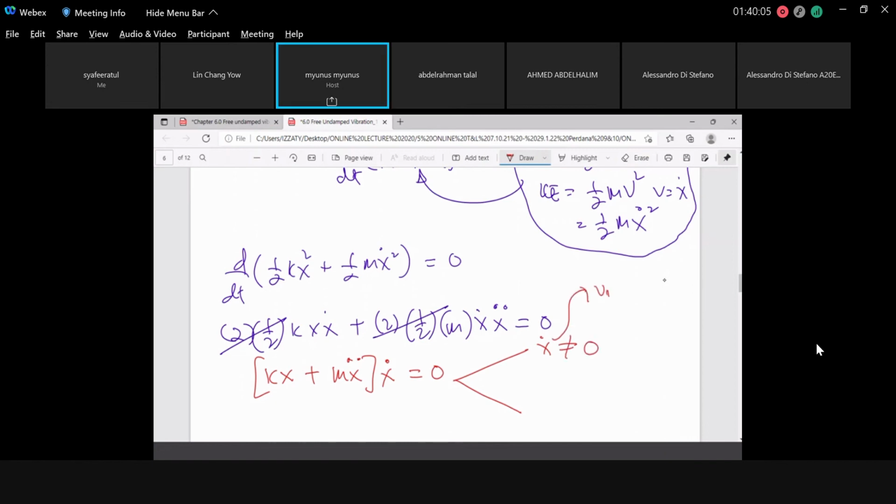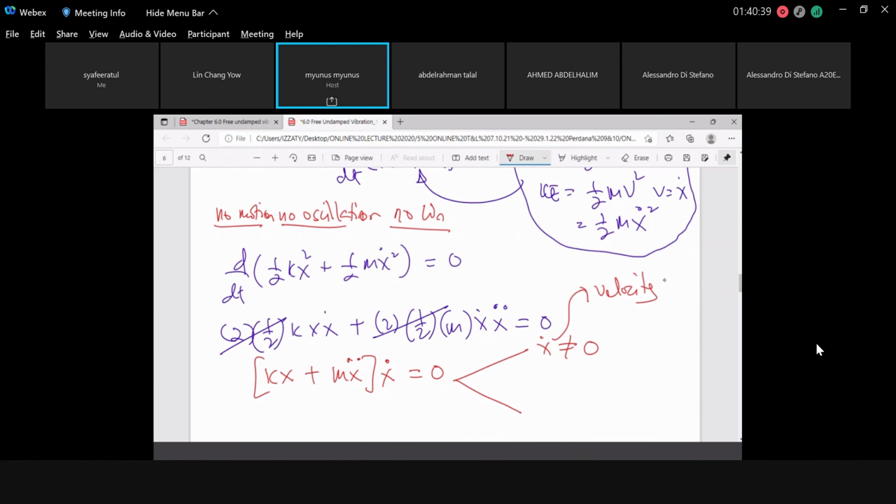It is the velocity. And if the velocity becomes 0, there is no oscillation, only displacement x. There is no motion, no oscillation, no omega n.